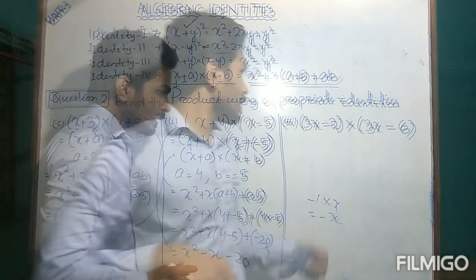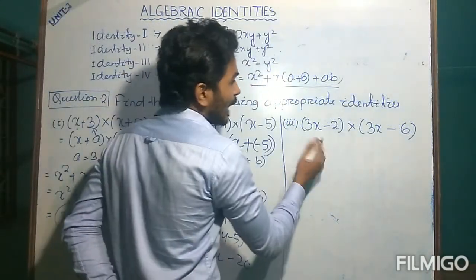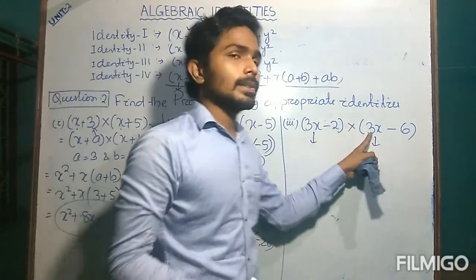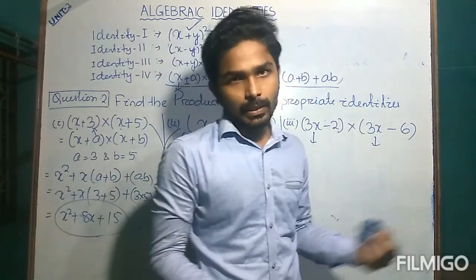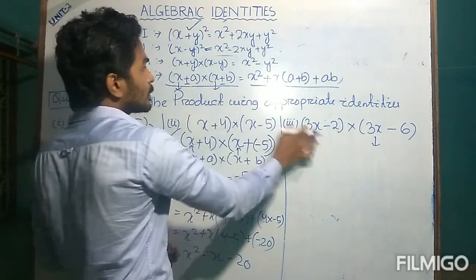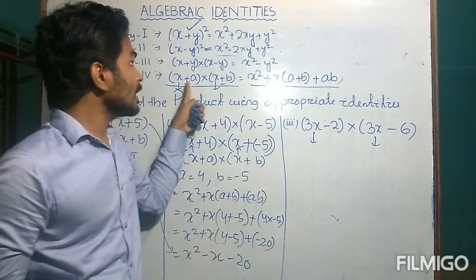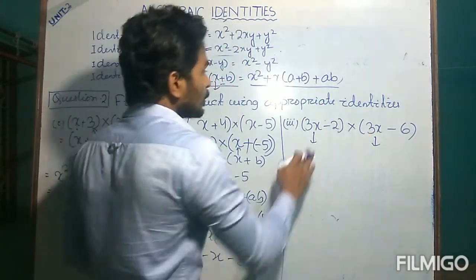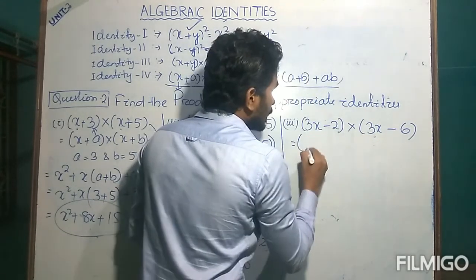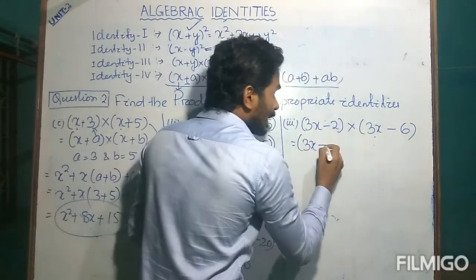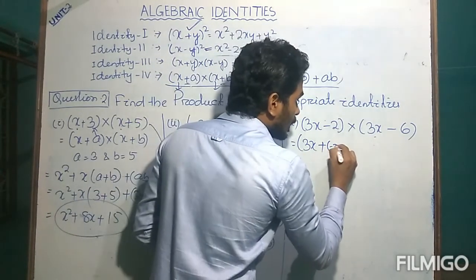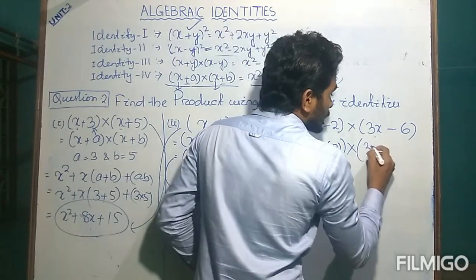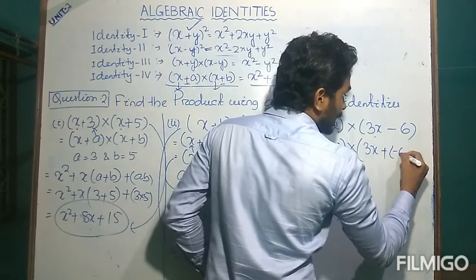Okay. Now see question number 3. In question number 3, in both terms the first two places contain the same term. Here 3x, here 3x. But the second places contain different terms. So this resembles identity 4, but we first have to make this sign plus in order to make them similar. So we write it as 3x plus minus 2, because plus minus is minus, (3x minus 2)(3x plus minus 6).